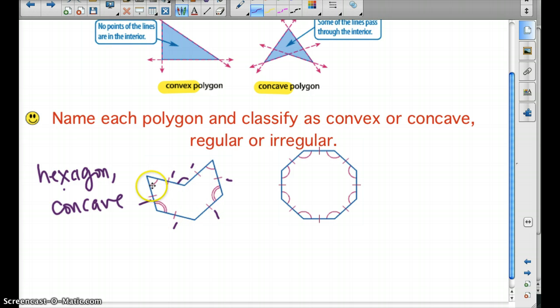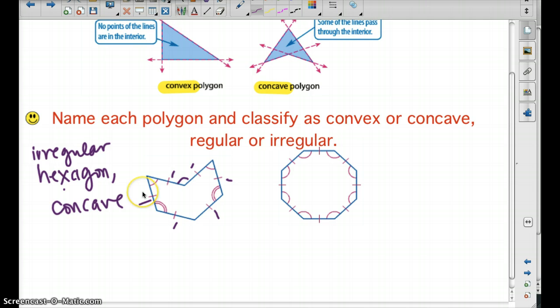But all the angles here, we have one angle and this angle are congruent. However, these two angles are congruent. And this angle is not congruent to anybody. So this is going to be an irregular hexagon. And one thing to always remember is that concave polygons are always going to be irregular.